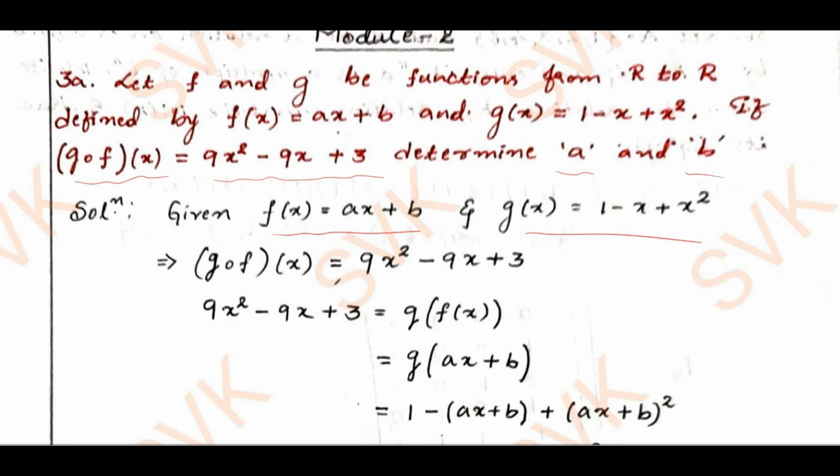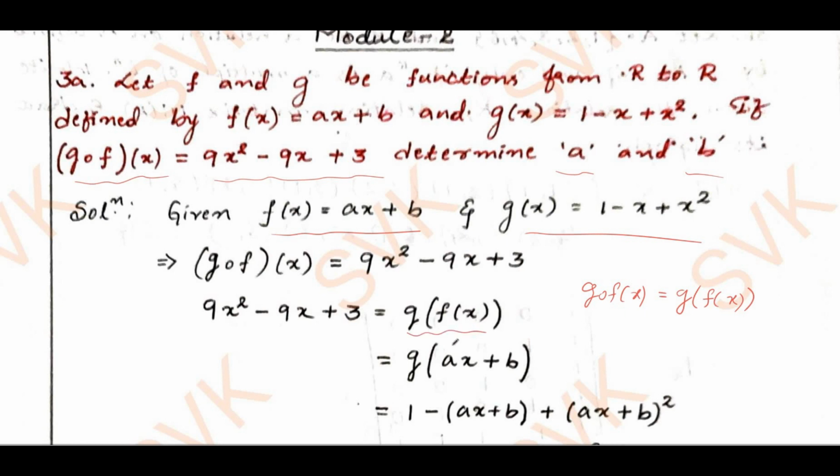We know that LHS is equal to RHS. So I am noting down the right hand side here: 9x square minus 9x plus 3, which is equal to g composition f of x, which can be written as g of f of x. That is the definition of composition function.